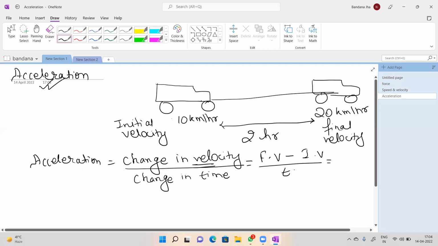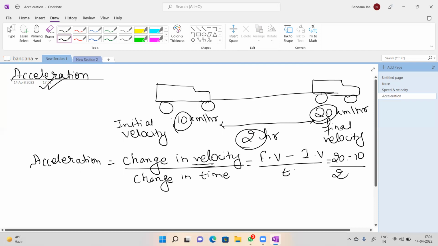Final velocity is how much? 20 kilometers per hour. Initial velocity is how much? 10 kilometers per hour. And time taken is how much? 2 hours. Now you understood.